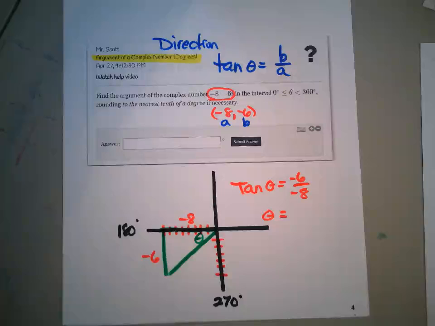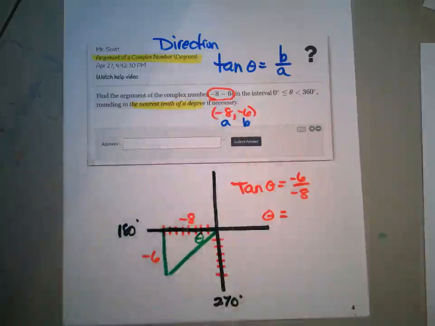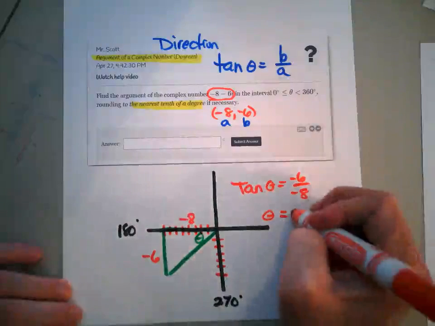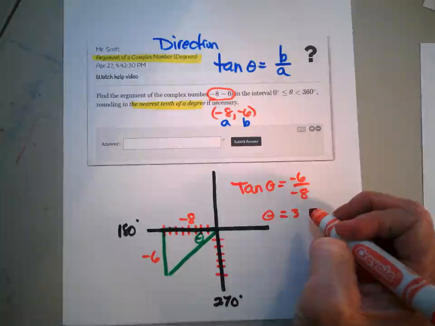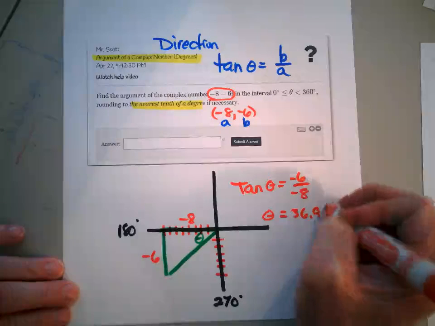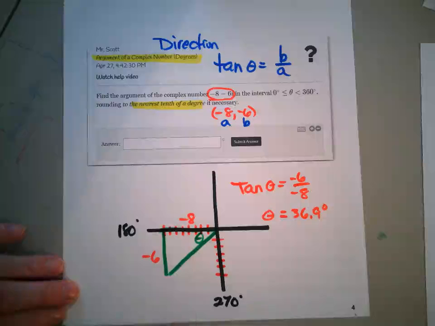So pay attention to your directions. It says to the nearest tenth of a degree. So 36.9 degrees. Now that's just the reference angle.